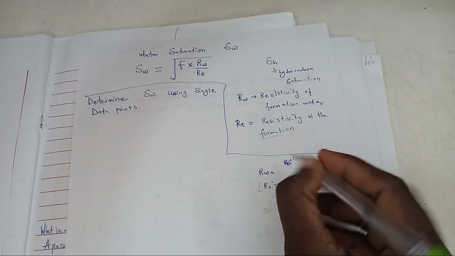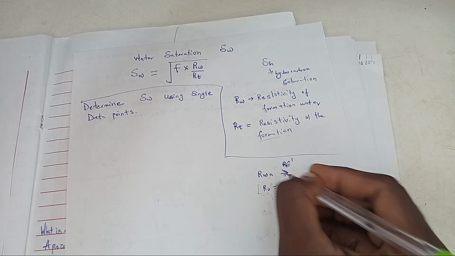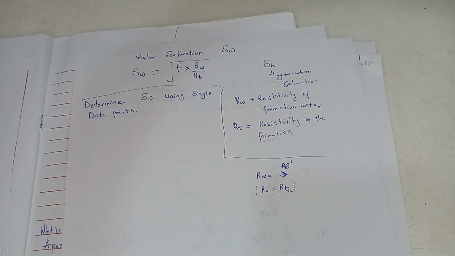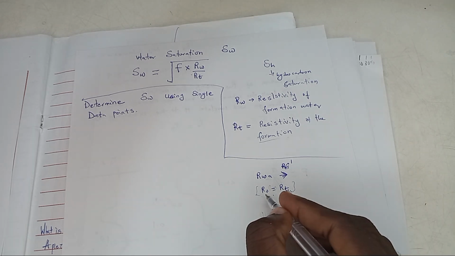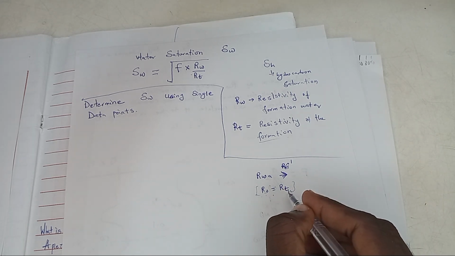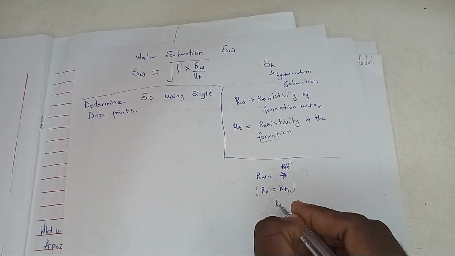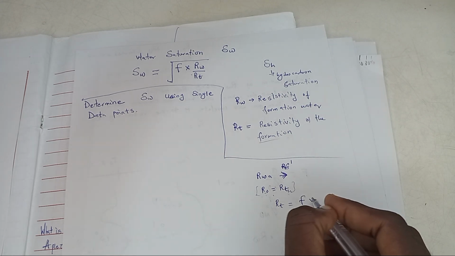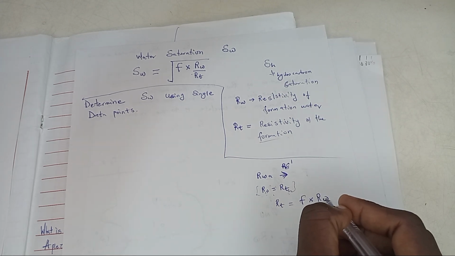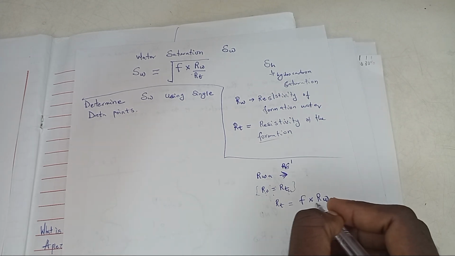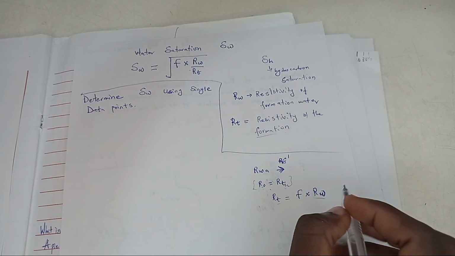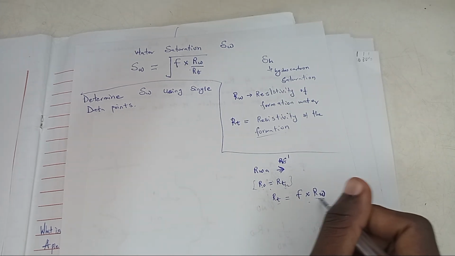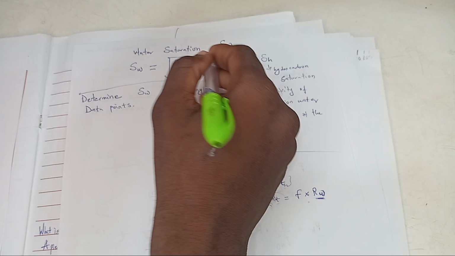Okay, so in the RWA method that we solved in the earlier video before this, we saw that since R naught is equal to RT, then RT is equal to F times what? RW. That's how we got our RW. Okay, so when you've done that, this RW is what you now use in this equation.